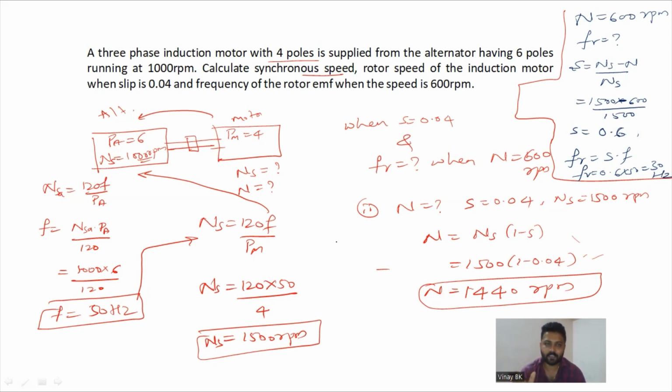Then they change the case: you need to find Fr when speed N equals 600. If the speed of the motor changes, the slip also changes, so you need to find the slip again for N equals 600 rpm, which is 0.6. By substituting that, you get the rotor frequency of 30 hertz. This much you have to write.